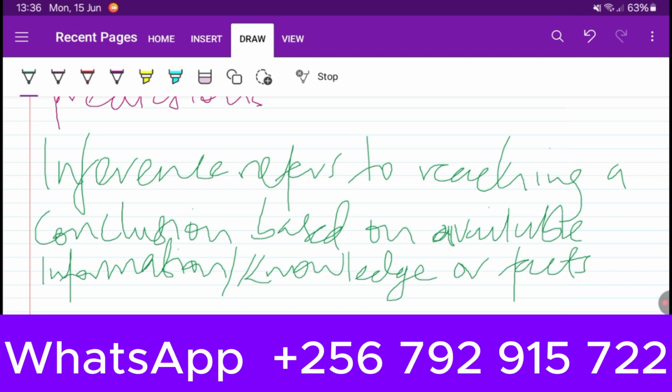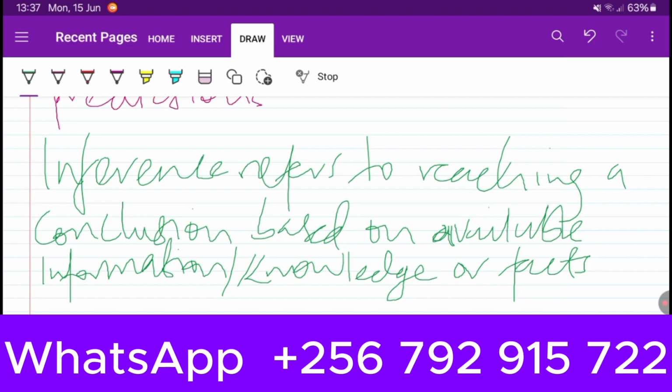Then it becomes a generalization. You can go ahead to generalize the sample, that based on the sample that I have collected, such and such things exist, depending on the facts within the data that you have collected.